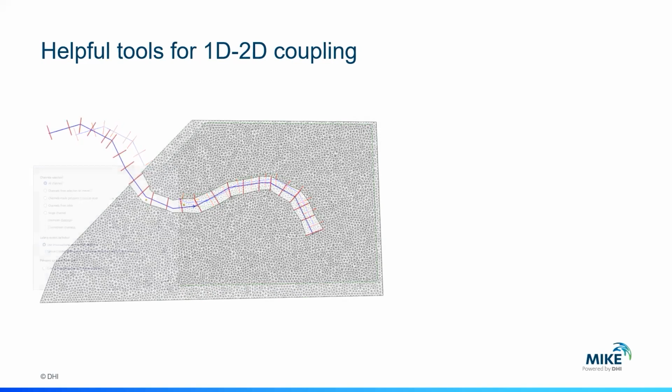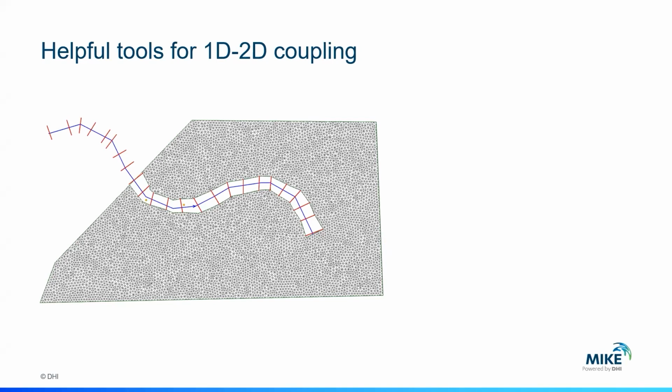So based on the tools that MIKE+ offers, we can exclude the river system from the 2D domain. The 1D system can calculate the water levels inside the cross sections, after which the water is transferred to the 2D domain, and we calculate all the relevant parameters using different sets of equations.